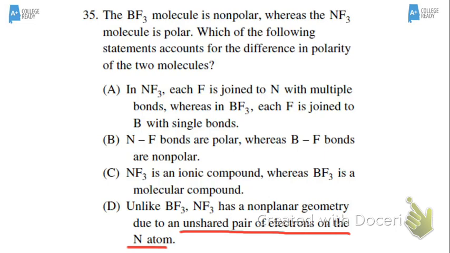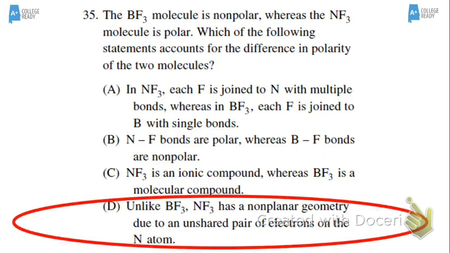It pushes those peripheral atoms down by about 2 degrees or so. So we should see that D should be our answer. And it is. So this is question 35. I would still consider this to be about the middle of the test, so this one would be considered a harder question. And if you got that one, you're doing good.